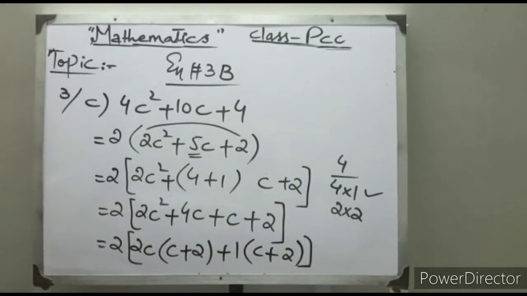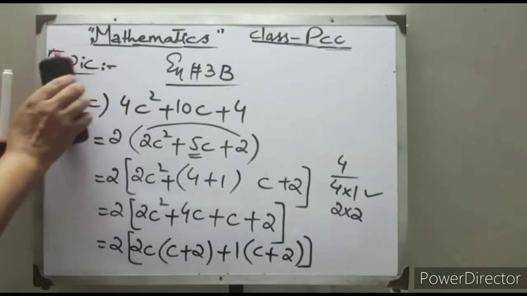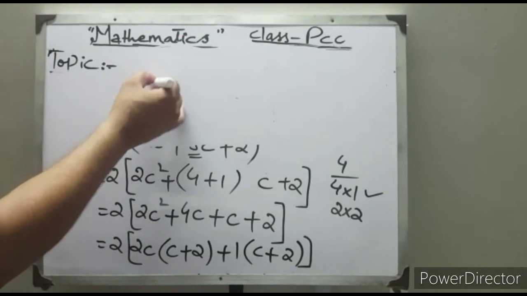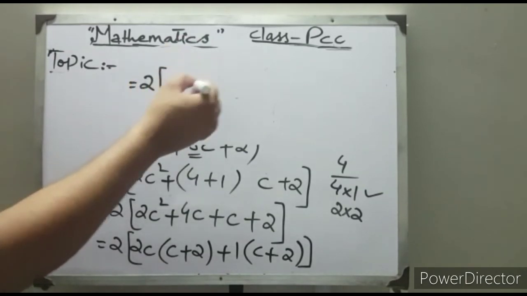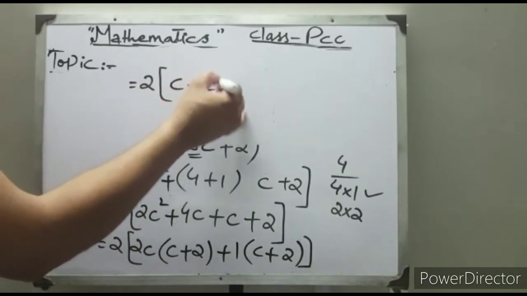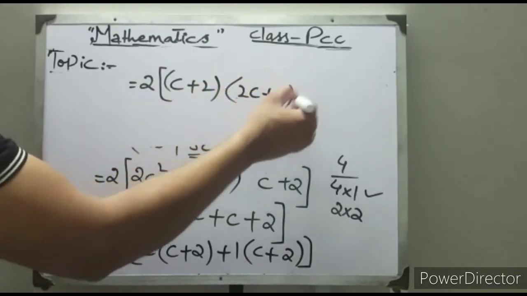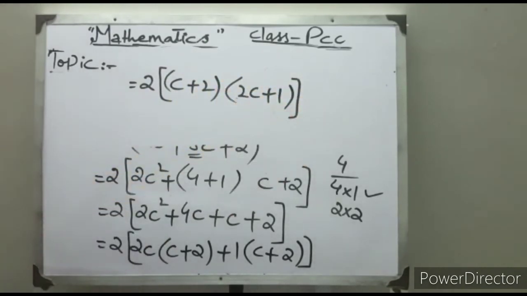So the final answer of this question will be 2 into c plus 2 into 2c plus 1. I repeat, first of all check if there is anything common in the quadratic expression, take it common. After that factorize this.